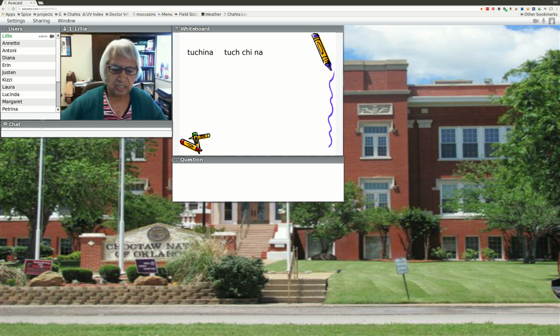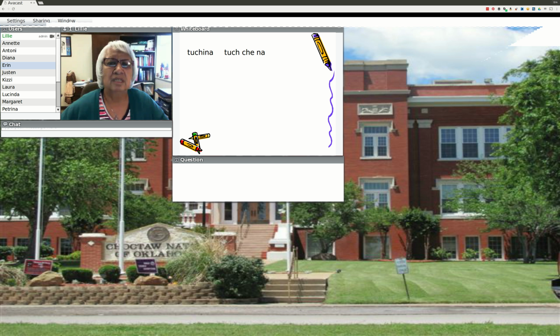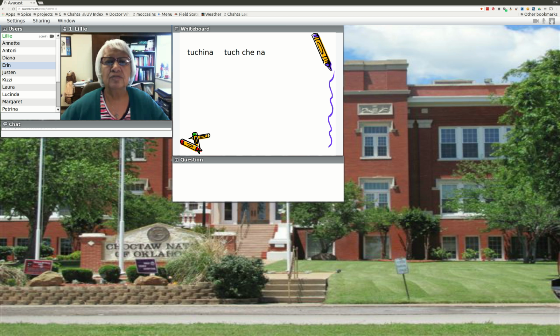Also in your pronunciation guide, you might want to change this to an E. I'm sorry, I forgot to put the H in there. Tochina, Tochina. And if you'll remember, Tochina is the word for three.